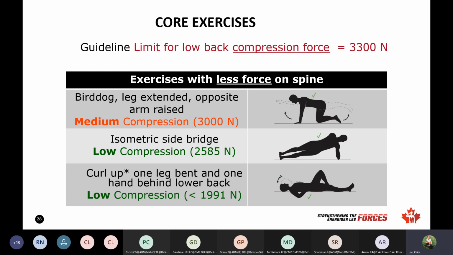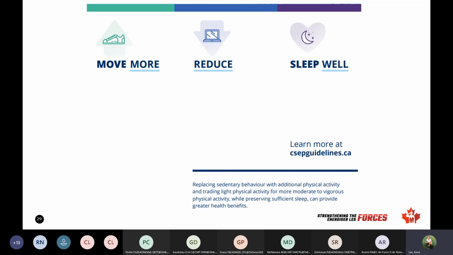Okay. So on top of that, what else can we do? We've got the new 24-hour movement guidelines that were released by CSEP. It offers really clear direction on what a healthy 24 hours looks like. So on top of the strategies that I've presented to you today, the Stu McGill Big Three, posture, and picking up items with a neutral spine, we've got reducing sedentary time.